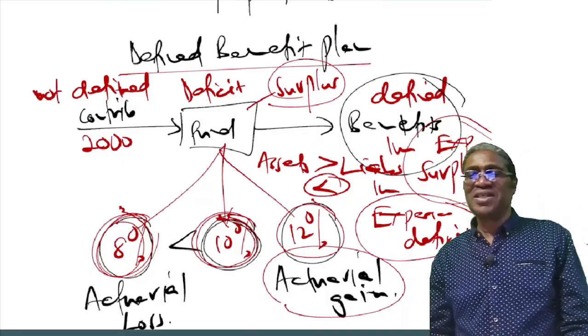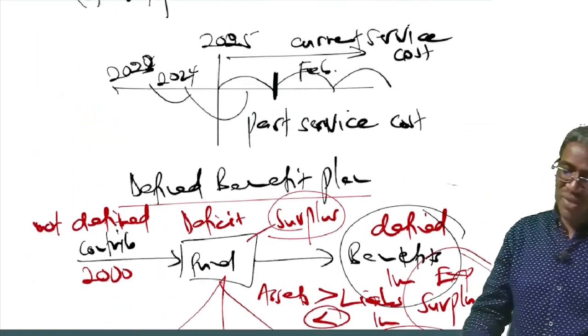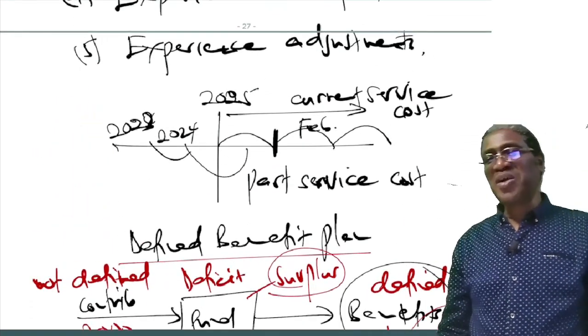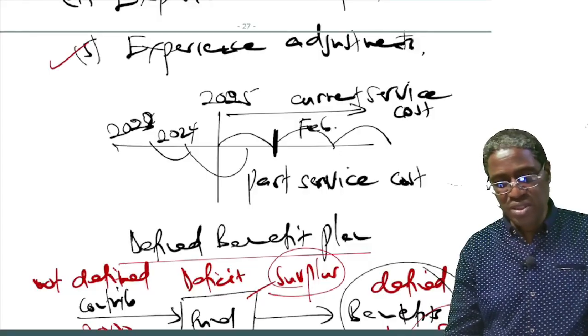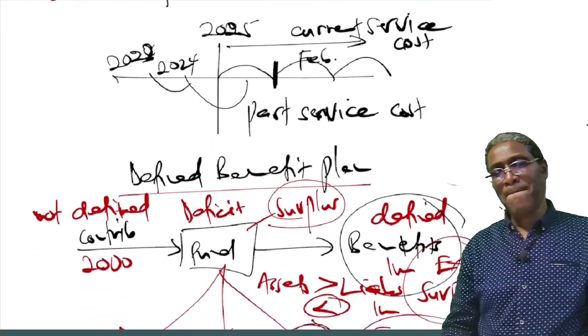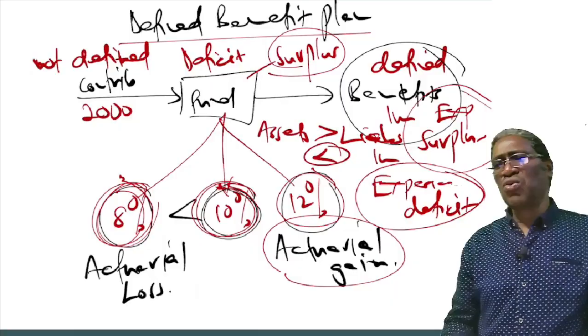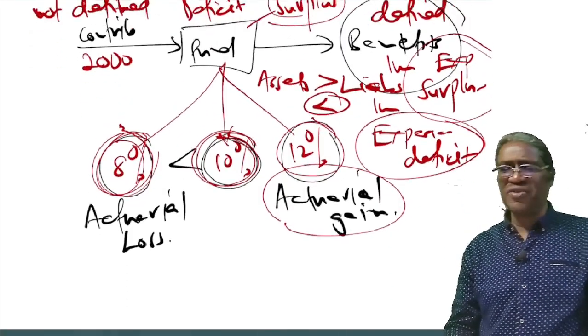Okay, good. Finally, the last term is what we were calling experience adjustments. Number 5. Now listen. Experience adjustments go with the experience surplus and deficit.